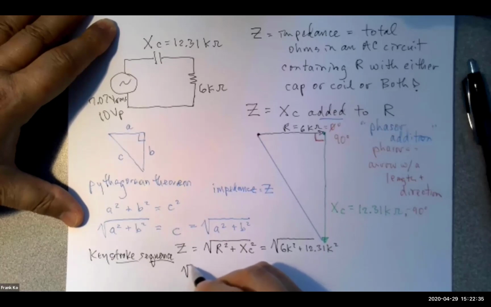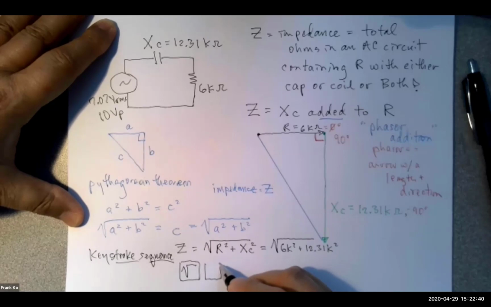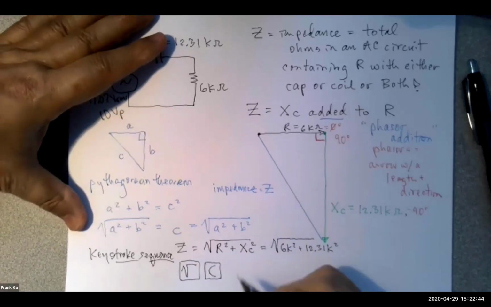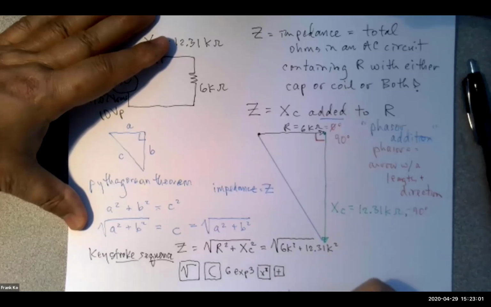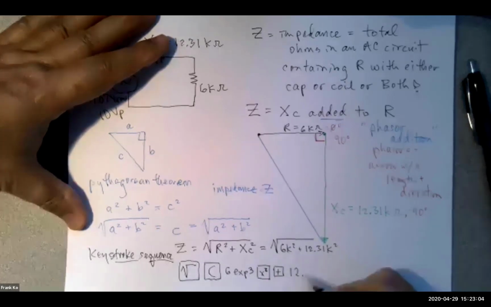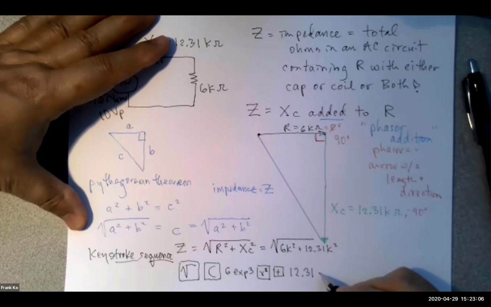I'm going to start off with the square root key. And then I'm going to insert an open parenthesis. And then I'm going to put in 6 exponent 3, and I'm going to hit x squared. This is a square function now. And then I'm going to hit a plus, 12.31 exponent 3.